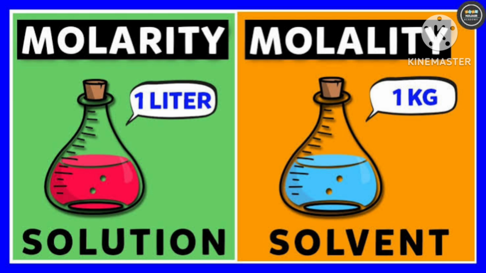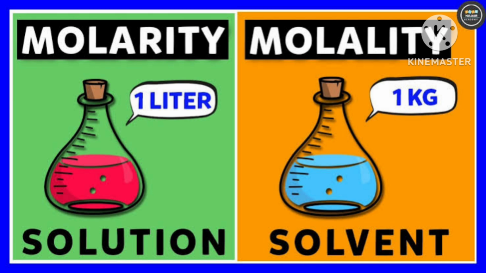Suppose 2 components are there, A and B. The solute is A and the solvent is B. Then n subscript A, small n with capital A, is the number of moles of the solute, divided by the number of moles of A plus the number of moles of B, small n capital B, B is for the solvent.